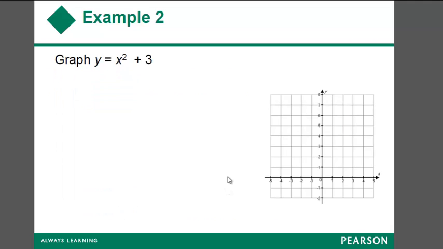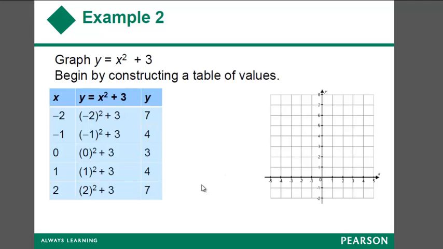Let's try another one. Graph y equals x squared plus 3. Let's use the same values of x as we did before. Negative 2, negative 1, 0, 1, and 2. Construct a table of the values. Have to be a little bit more careful here because I have to plug in my negative 2 for my x. And then don't forget to add that 3. So negative 2 squared becomes 4 plus 3.